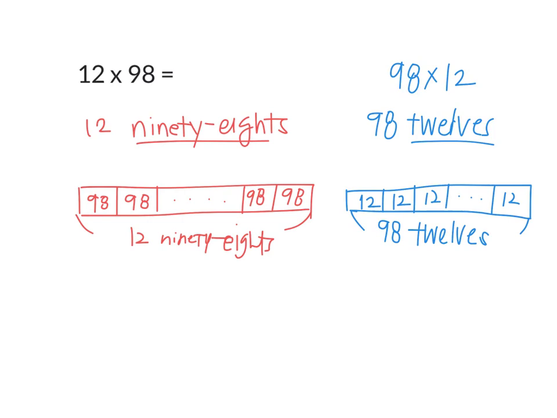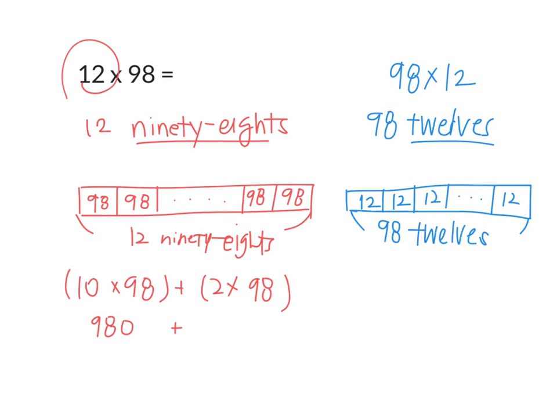Which one's better? I could think of this 12 98ths as 10 98ths, and then I have to add 2 more 98ths, right? Do you guys agree? Yeah. If you agree with me, why? Because I could do 10 98ths, which is 980. But then I really want 12 of them, right?